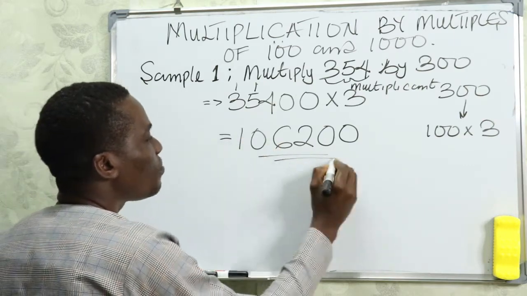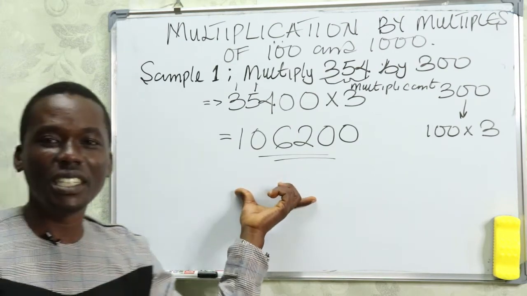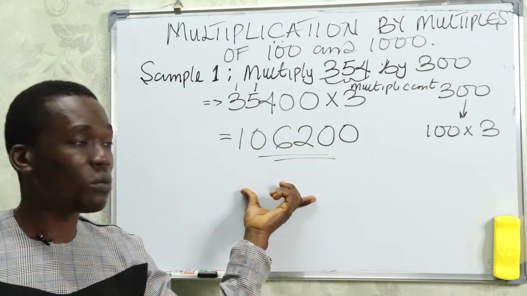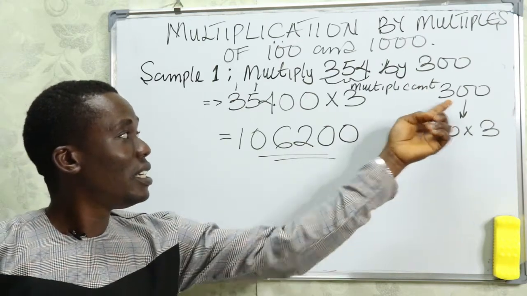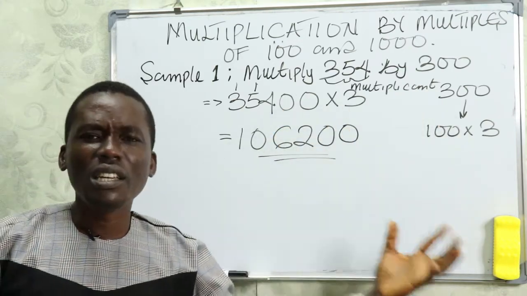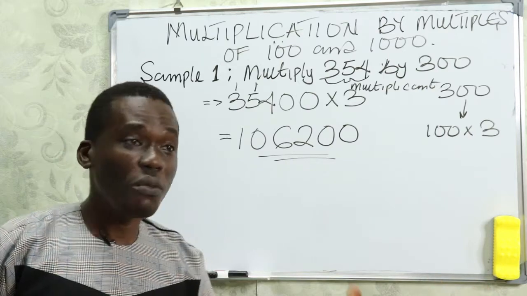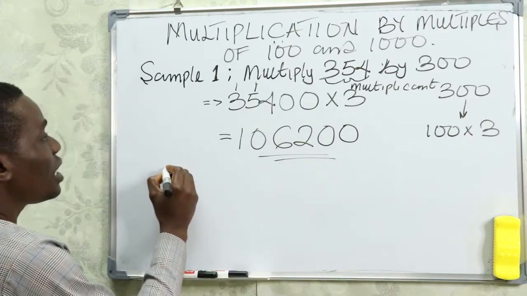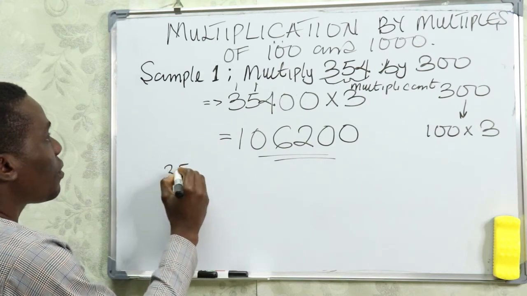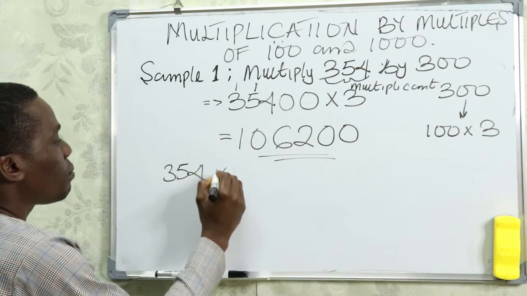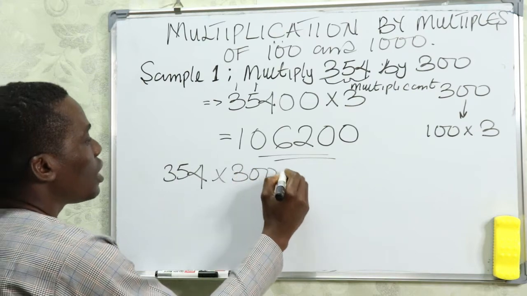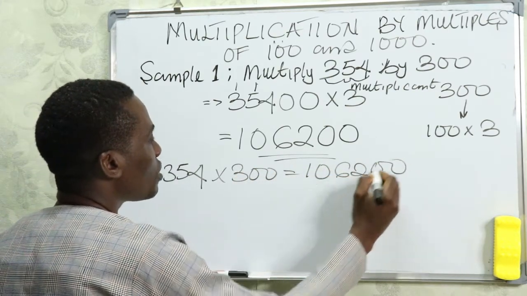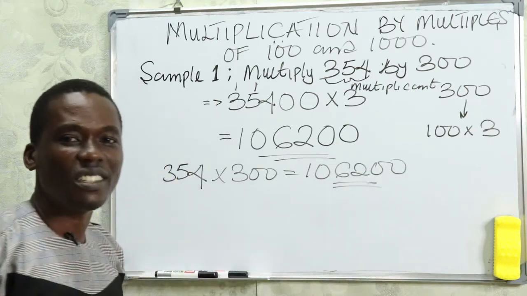So you see, very, very easy. Now when other of your colleagues go about multiplying this by this, it gives them a long value. But if you can use this method, very easy, you get your result. So finally we can say 354 multiplied by 300 will be equal to 106,200. Very easy.